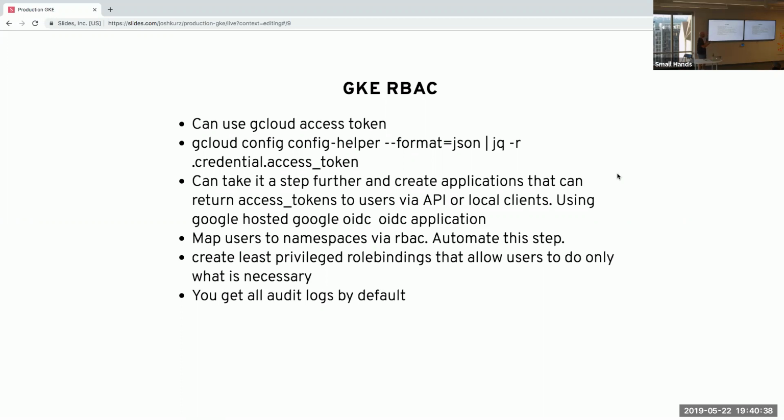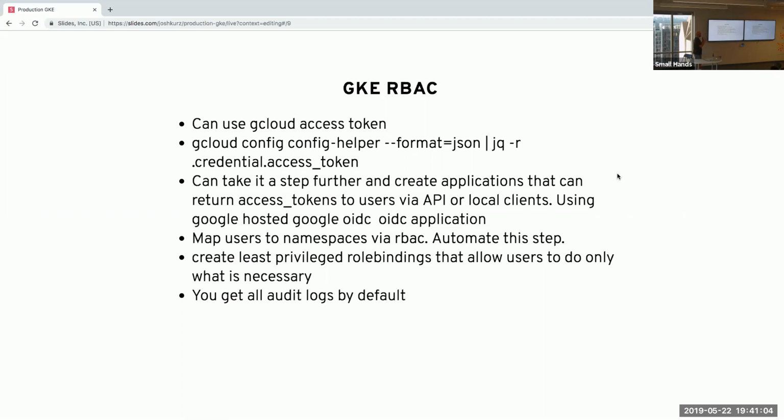And if you cat out the kubeconfig file that you use to connect to your Kubernetes API in GKE, you can see that there is a little snippet in there that just says, okay, run this command to get my access token. And that access token is all you need to be able to communicate with the cluster.